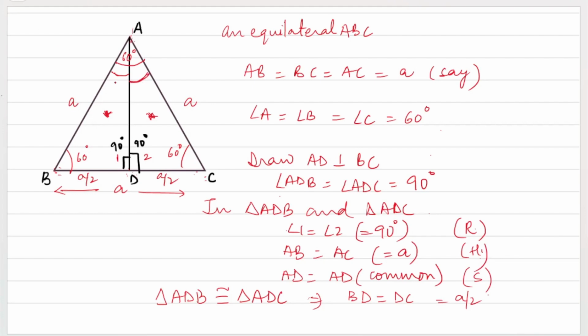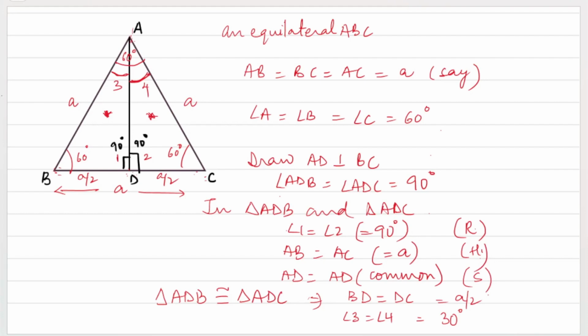I will name those angle 3 and angle 4, so angle 3 is equal to angle 4. But the complete angle A is 60 degrees, so angle 3 and angle 4 will each be equal to 30 degrees. So in this first part of the derivation, I proved BD and DC to be equal and angle 3 and angle 4 to be equal.